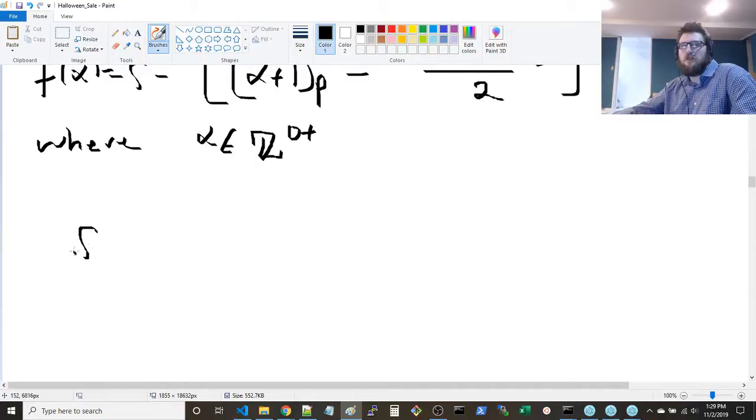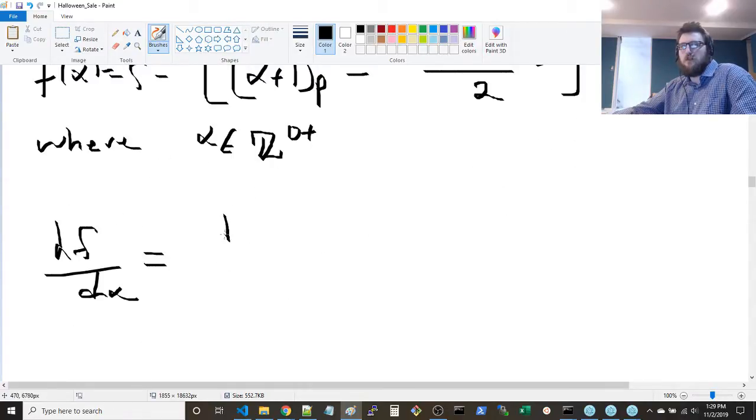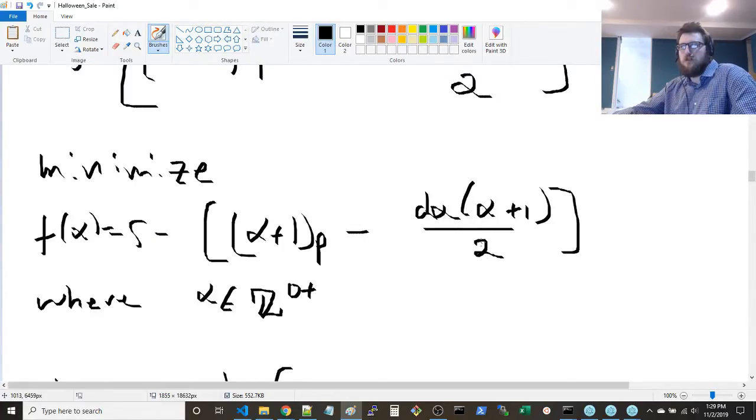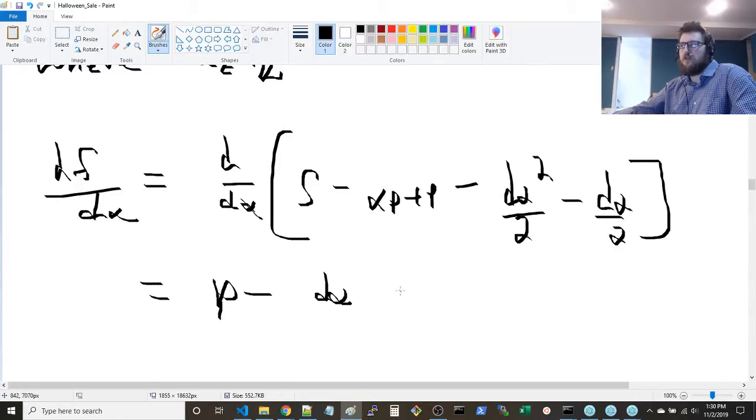And then we can say df d alpha is then d alpha of, this is a lot easier to think about, s minus alpha p plus p minus d alpha squared over 2 minus d alpha over 2, which then gives us p minus d alpha minus d over 2, right?